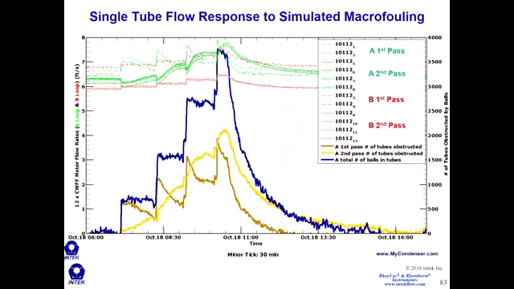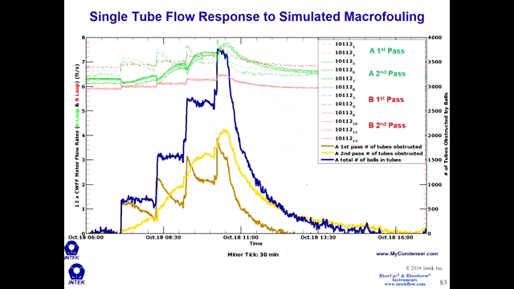And you can see here when we inject the second time, again the balls go in and they obstruct the first pass and begin making their way through the condenser and obstructing the second pass. And so this calculation using the velocities, the single tube flow rate velocities, added up very well to the total number of balls that were in the system. And then at this time period right here, we turned on the collection screens, and the balls started getting collected over time, and they eventually all came out.